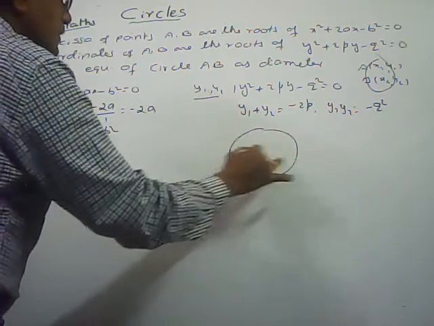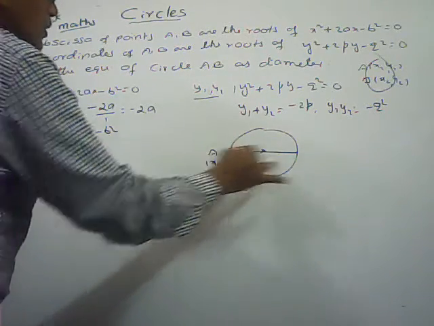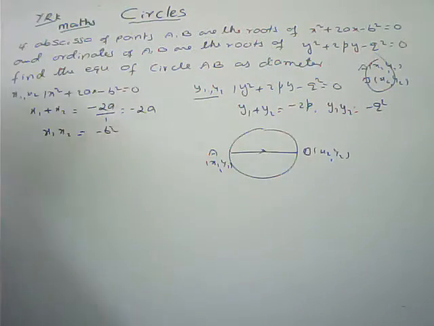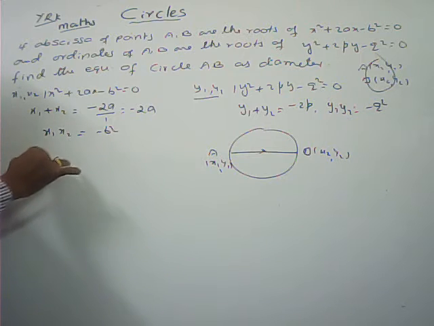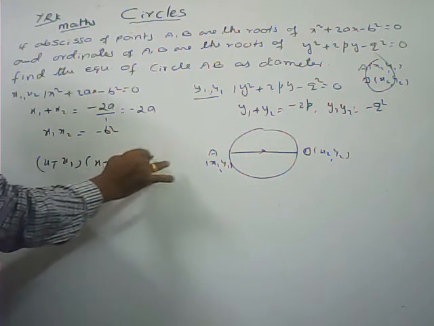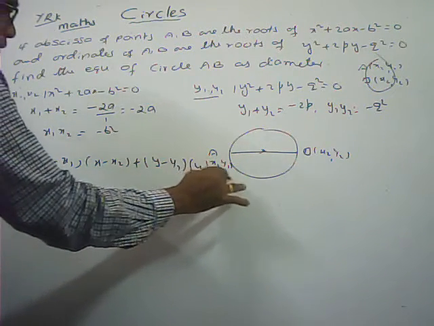If AB is the diameter, here A(x1, y1) and B(x2, y2). The equation of the circle, if the end points of the diameter are given, what is that one? (x − x1)(x − x2) + (y − y1)(y − y2) = 0.